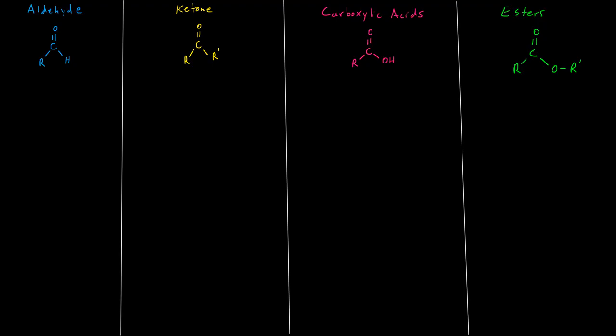Let's start with the aldehydes. I want to draw like 2 or 3 different ones. Let's do 2, just because of space. So an aldehyde with 3 carbons might look like this. And I'm going to draw this in, again, skeletal formula so you can start getting used to the idea. Actually, I'm going to draw the display formula and then the skeletal.